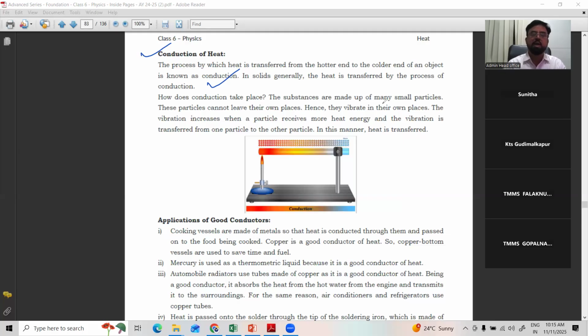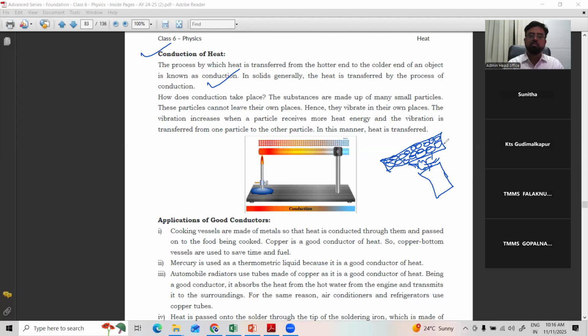The substances are made up of many small particles. These particles cannot leave their own places. So for example, see, when you take the iron rod, there are so many particles like this. In any solid, what happens? Particles are very tightly packed like this. So you are heating with a candle. As in solids, the particles are very tightly packed, they cannot move.